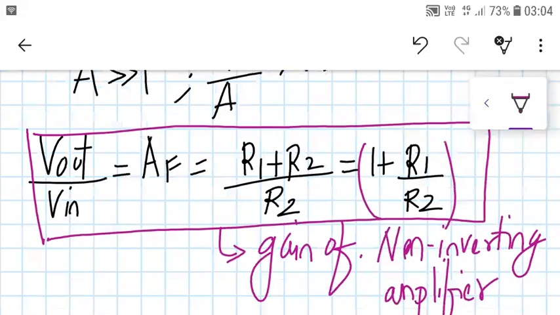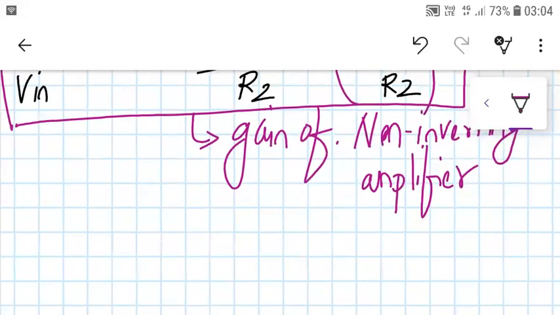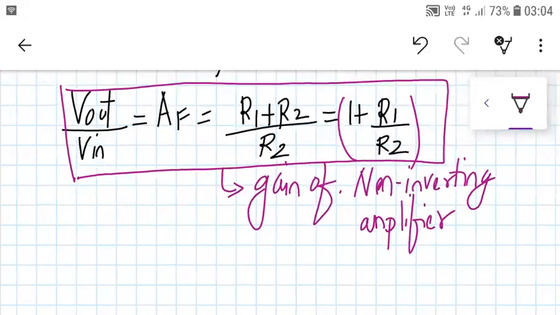So input and output will be in phase. That's one more reason why it's called a non-inverting amplifier. Now, let us understand the feature and how this gain is so unique. We say that the gain of this non-inverting amplifier is completely under our control.